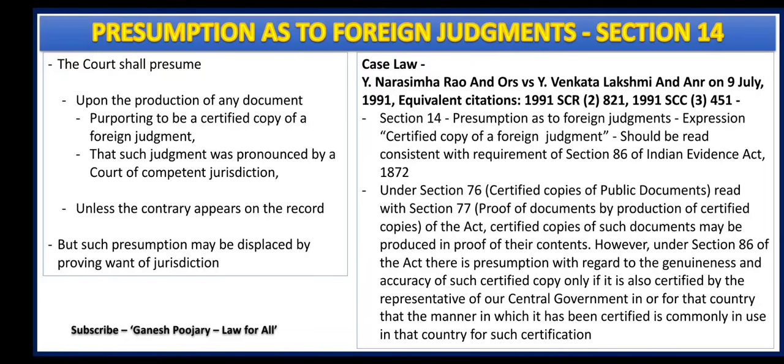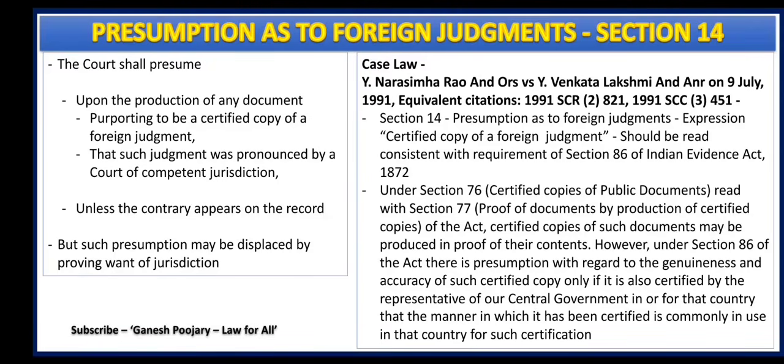Now while reading this particular part of section 14, we need to remember sections 76, 77 and 86 of the Indian Evidence Act. Section 76 of the Indian Evidence Act discusses certified copies of public documents.